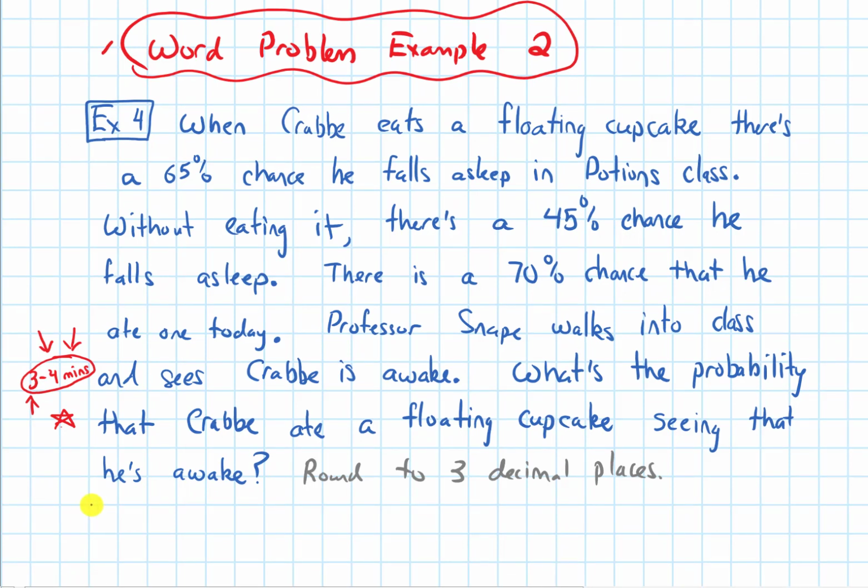And let's begin by labeling our events. There's this matter of whether Crab eats the cupcake or does not eat the cupcake. So let E represent that he eats the cupcake, and let N represent the event that he does not eat the cupcake.